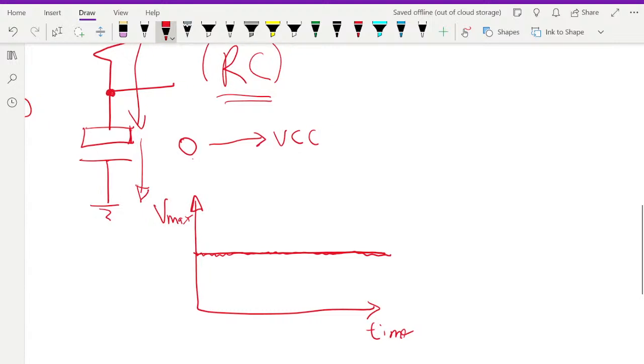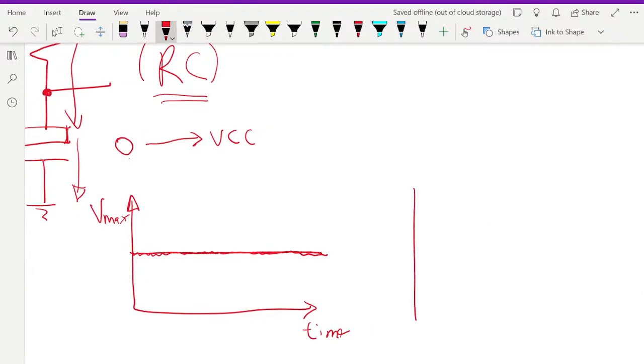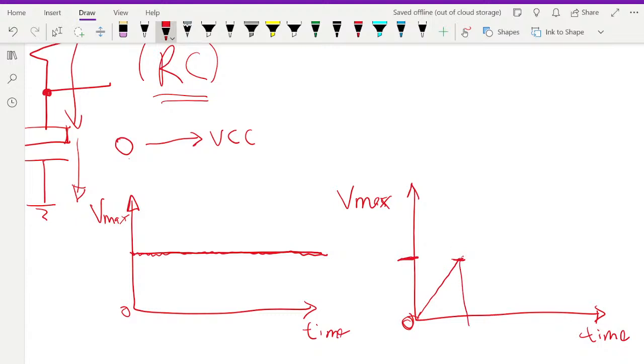But when I go from 0 to something, and I'm connecting a capacitor to it, as soon as I connect the voltage, remember it starts from 0. It's going to build up almost like a velocity time graph, from 0 to the max at a time. So this is going to be a voltage time graph instead of a velocity time graph.